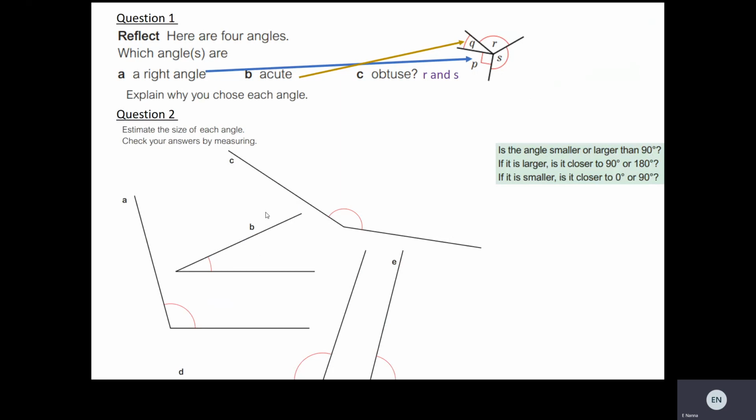Okay, so double check. So A, B, C, D, and E. Yes, so check it again. If you notice A is a bit further away from 90 degrees. Yes, so you could use that as your guideline.